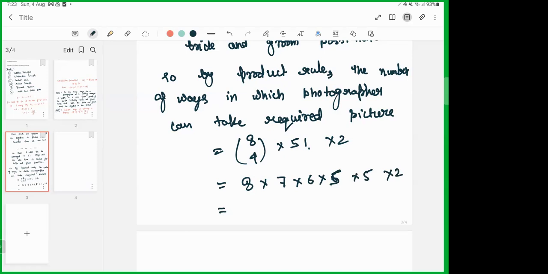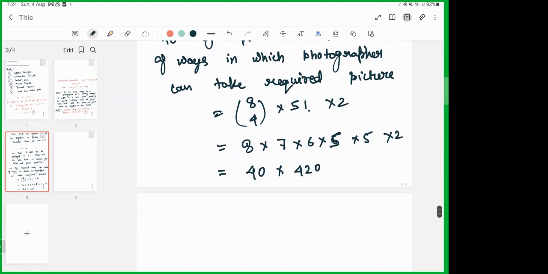So what is this? 8 5s are 40, 6 5s are 30, and then 2 are 60, into 7, that is 420. This is put together. Yes, this is correct.